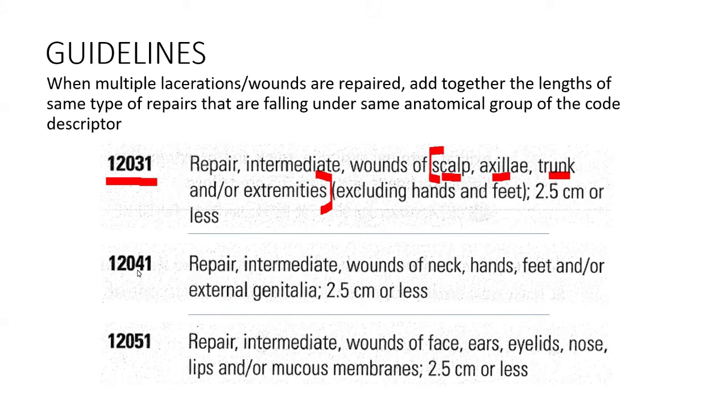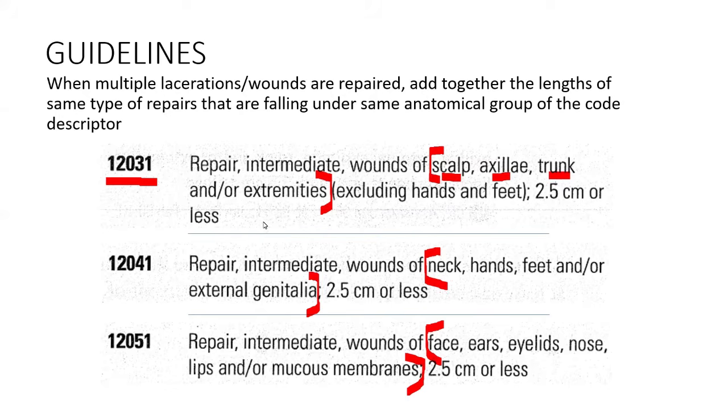If we take another code descriptor of the intermediate repair, neck, hands, feet, and or external genitalia, this is another anatomical group. Face, ears, eyelids, nose, lips, and or mucous membranes is another group.